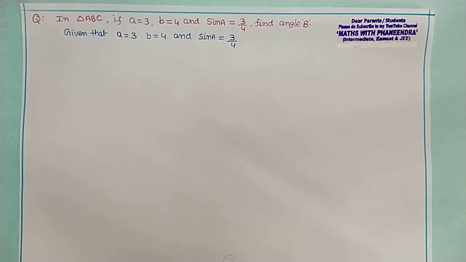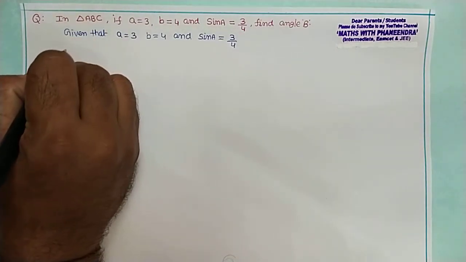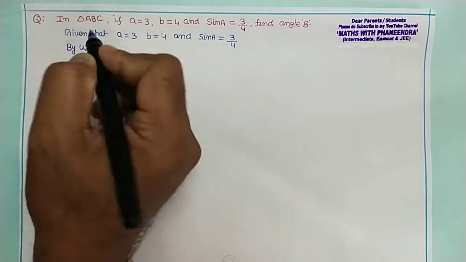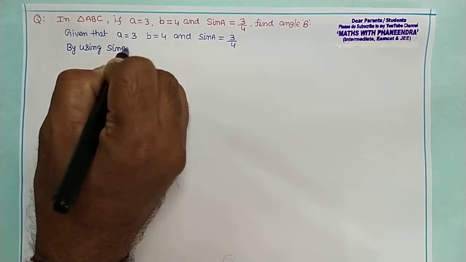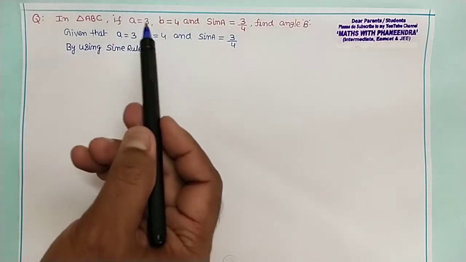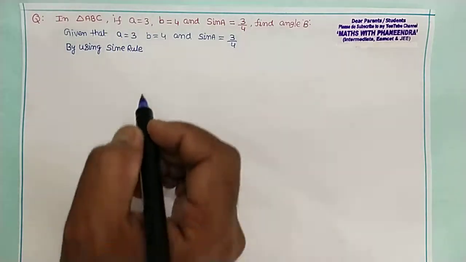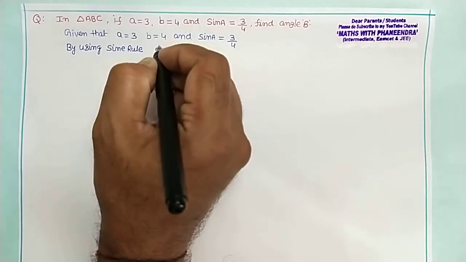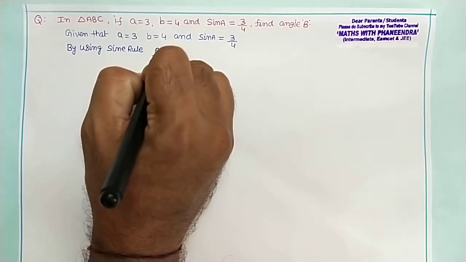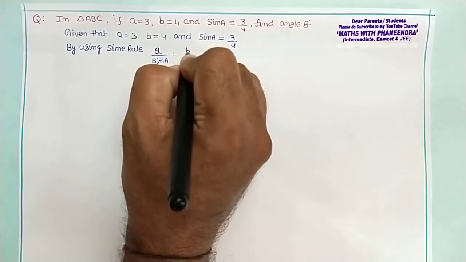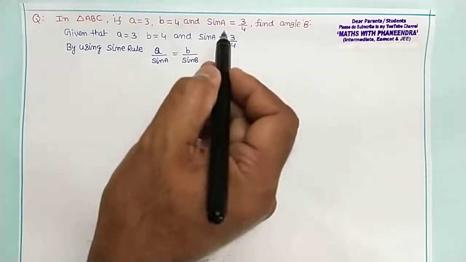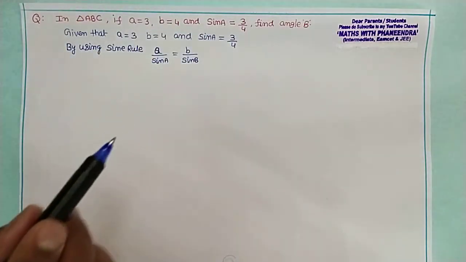So from the sine rule, a by sin A equal to b by sin B equal to c by sin C, but according to the data we only require the a and b related concept.